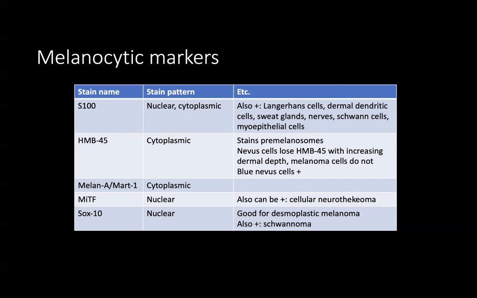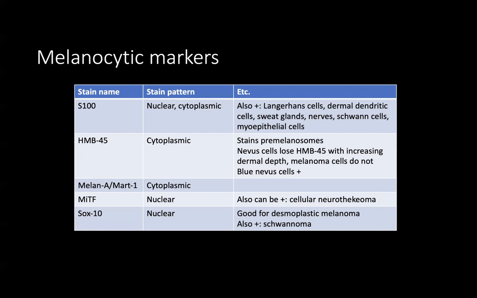It also shows you very clean pagetoid upward migration, which again, some of these terms you may not know well if you're a beginner, but please remember that SOX10 is a very useful stain for melanocytic markers, but also keep in mind that it can mark desmoplastic melanoma very well. That's a special type of spindle cell melanoma that spreads into the dermis.